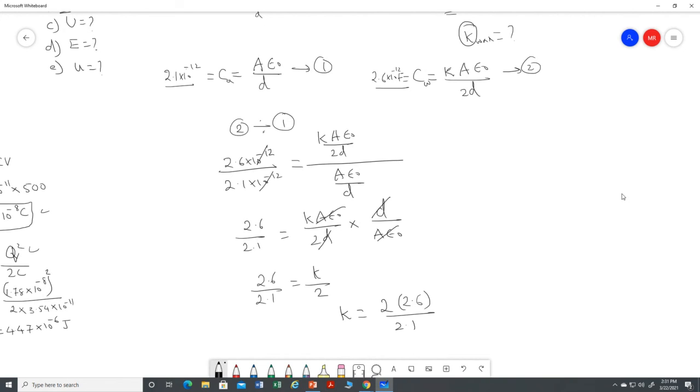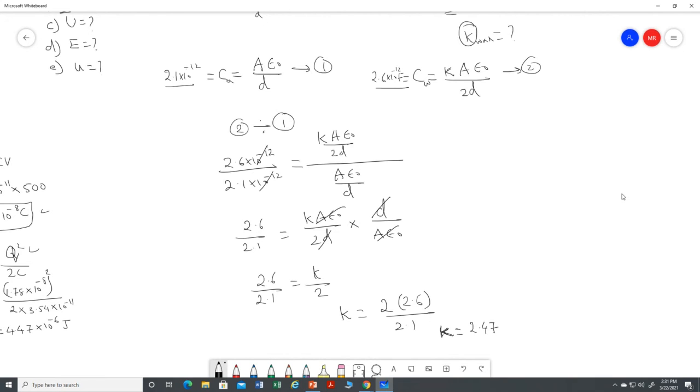Am I right? Yes. Could you please tell me the answer? This K is the dielectric constant for the wax. So what should be the answer? Tell me the answer correctly. 2.47. 2.47, my dear, this is unitless.